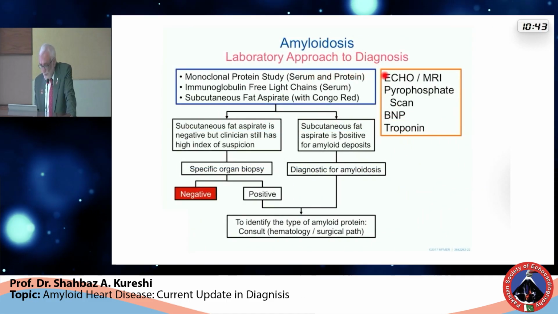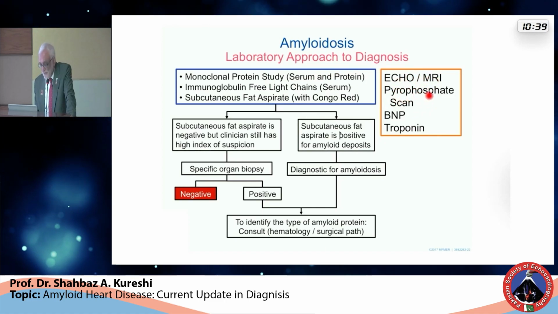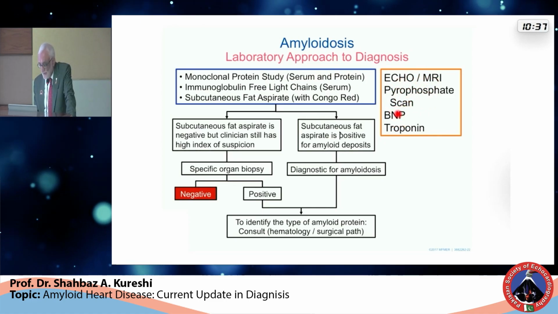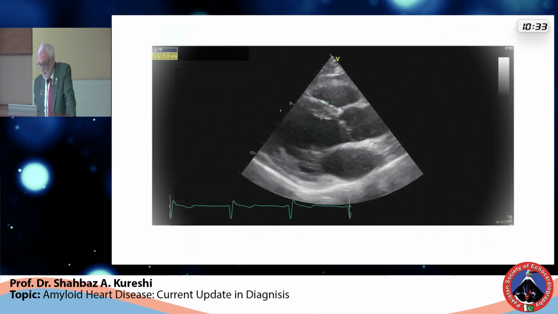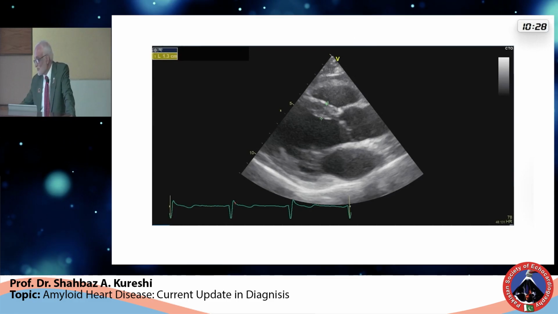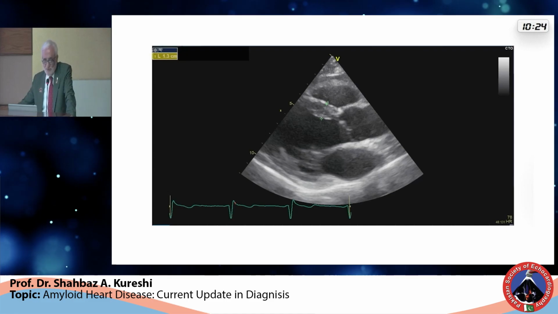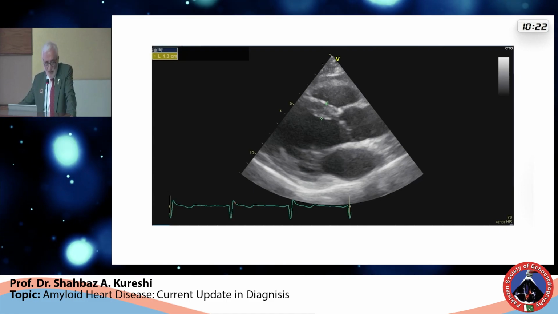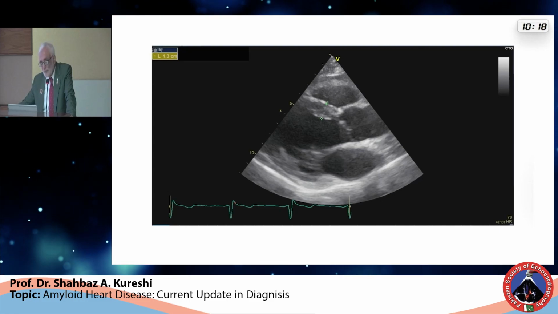This is the lab approach that you should follow: the echo, MRI, pyrophosphate scan, and BNP and troponin, and you will be able to come to a diagnosis in these patients. An early diagnosis in patients with amyloidosis is very essential, because then you can manage these patients. If you diagnose them late, probably you will not be able to treat them, and the prognosis will be poor in these patients.